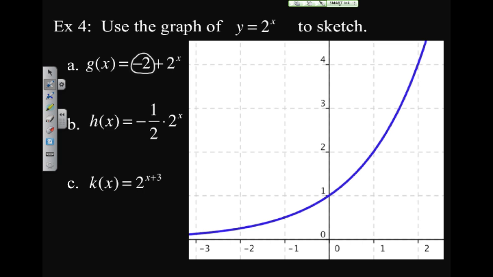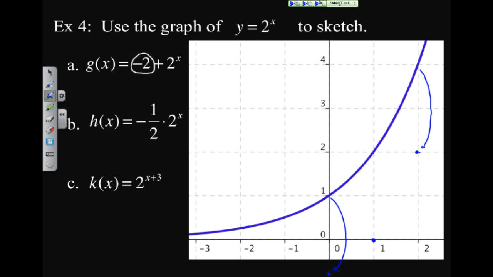The function moves down. So unfortunately, I can't get the whole thing on my graph here. But this point right here will move down to -1, so we'll put it down there. This point will move down to 0, 2 units down. This point will move down from there, and every point will move 2 units down.